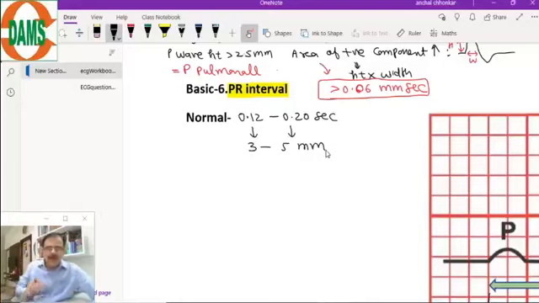Now the PR interval is mainly determined by conduction in the AV node.